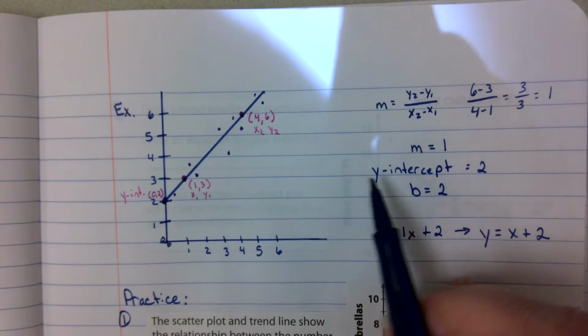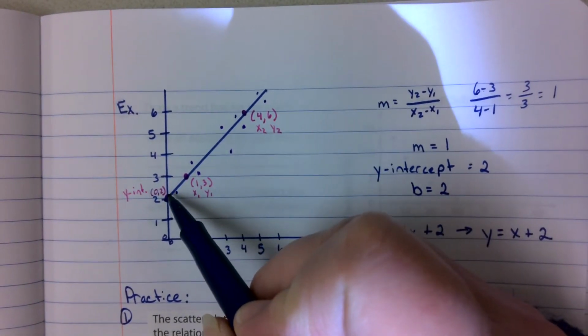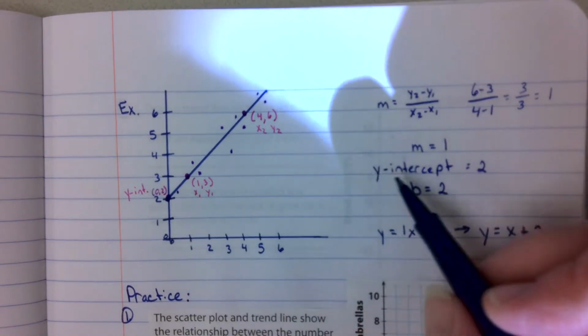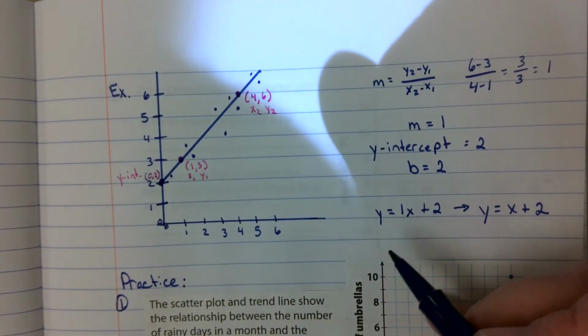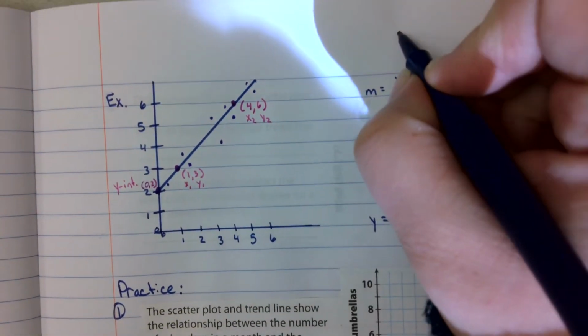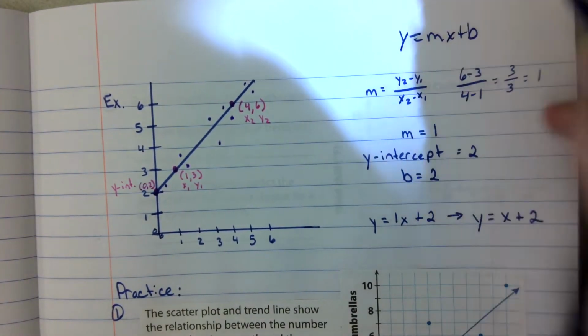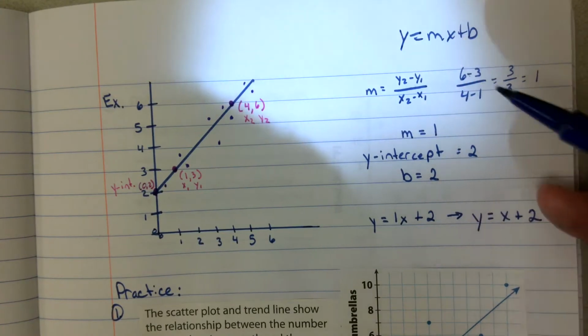Then for my y-intercept, all I'm looking for is the y value of where it intersects or crosses the y-axis. And that's here at 2. So my y-intercept is 2, so b is 2. So with my y equals mx plus b, I'm going to substitute my m in there and my b in there.